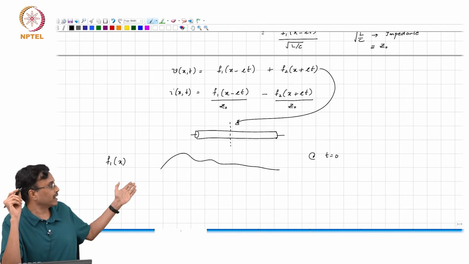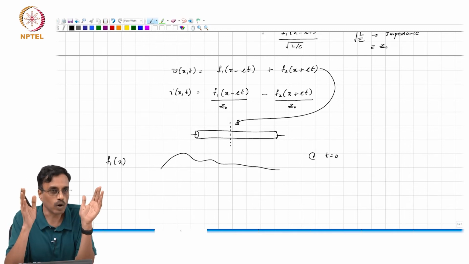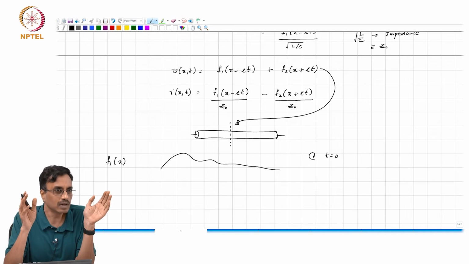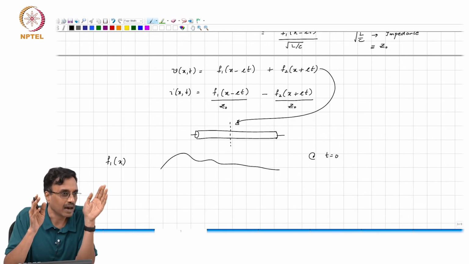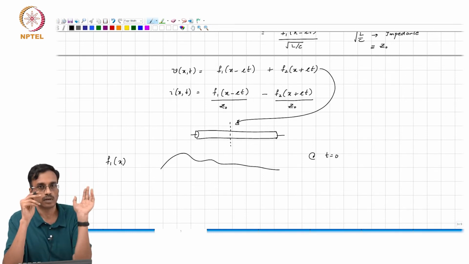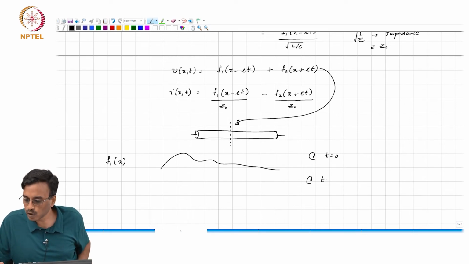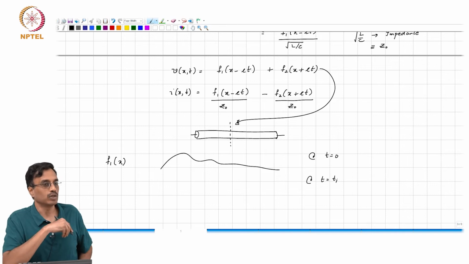And what have I done to get F1 of x? At t equal to 0, I had an imaginary camera which would capture the voltage at all positions along the transmission line and give me a picture. Now, at t equal to t1, how will the picture look?